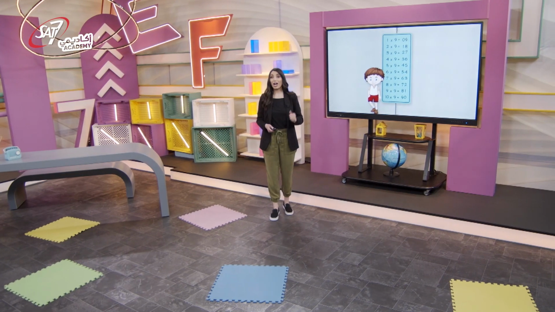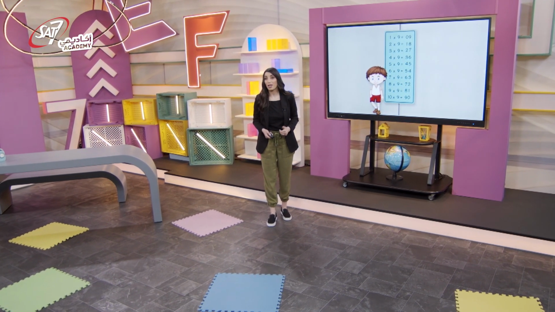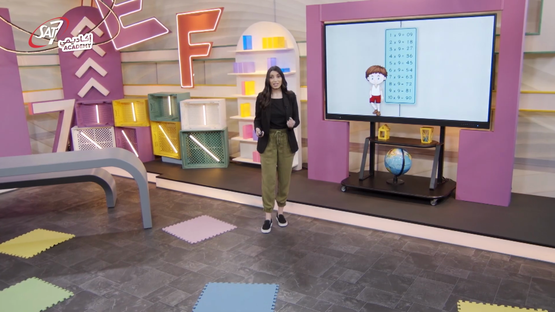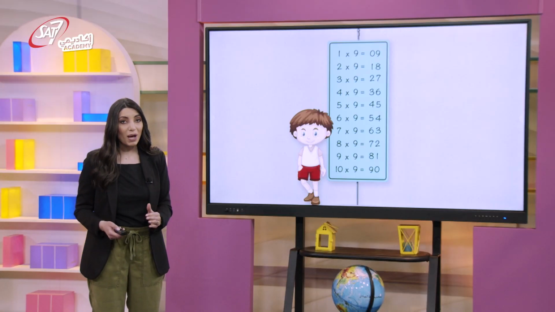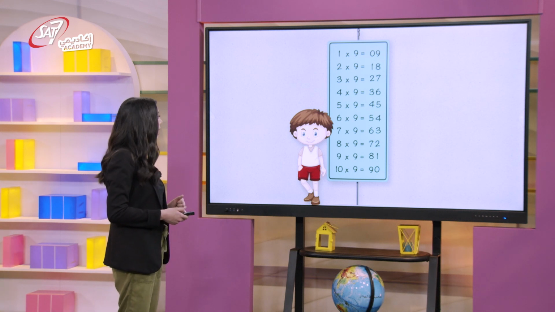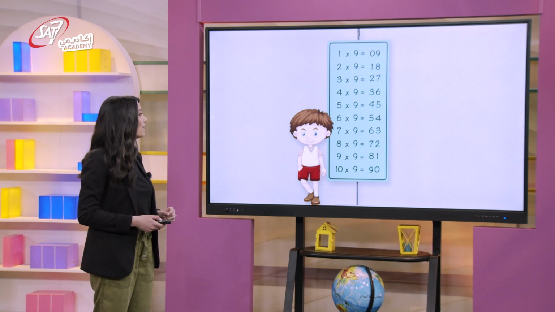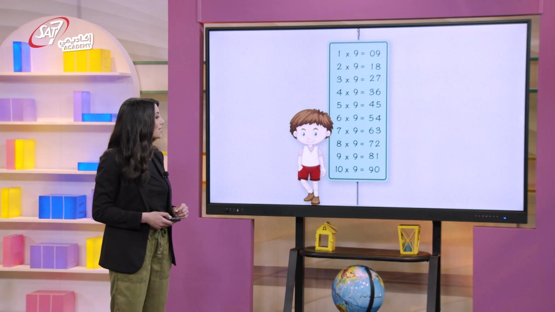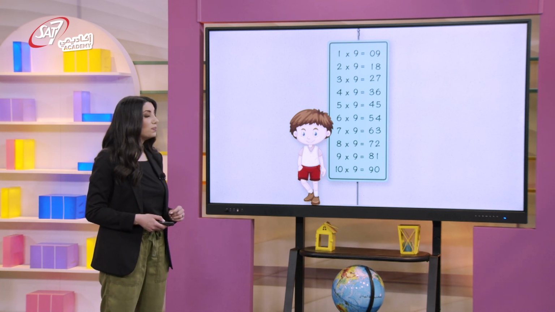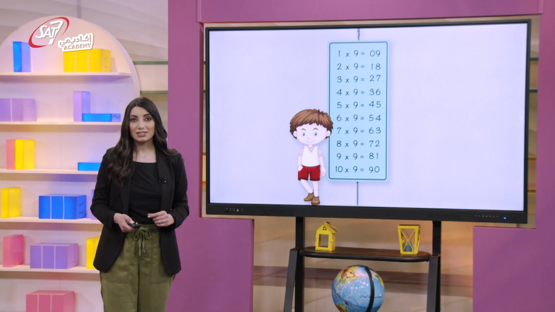And here's the times 9 multiplication table. How easy was that? Let's read the answers. Let's count in nines. Say them out loud with me. 9, 18, 27, 36, 45, 54, 63, 72, 81, 90.